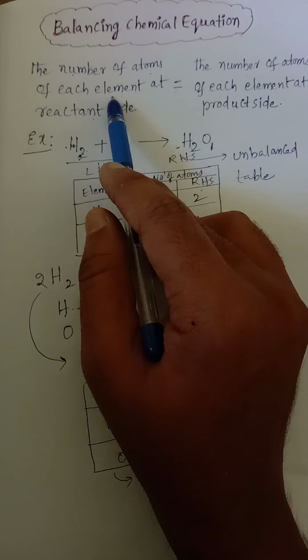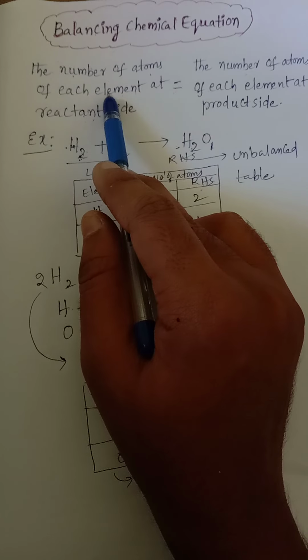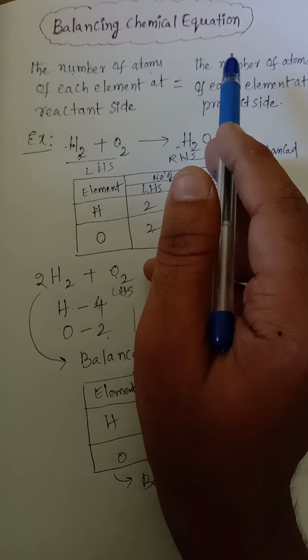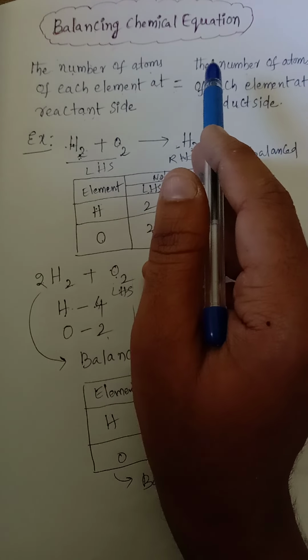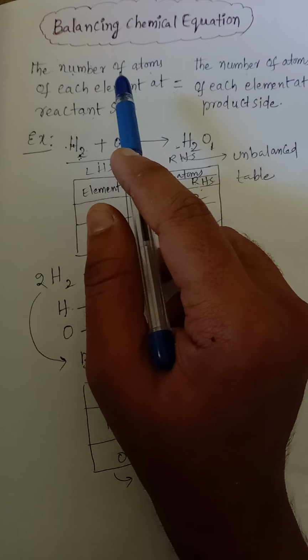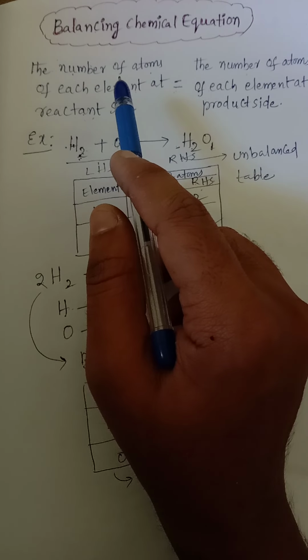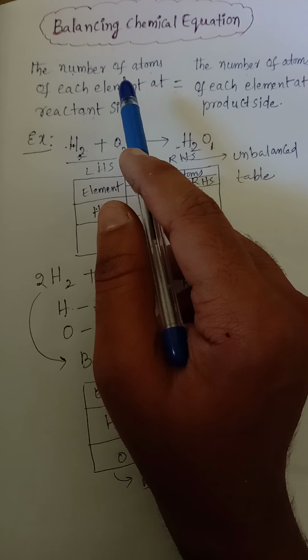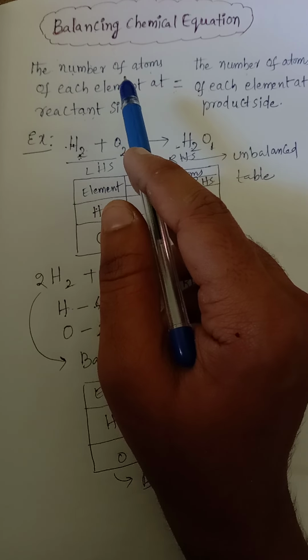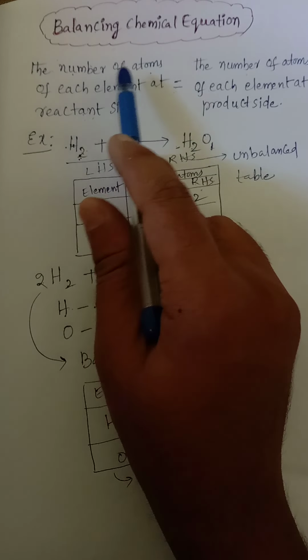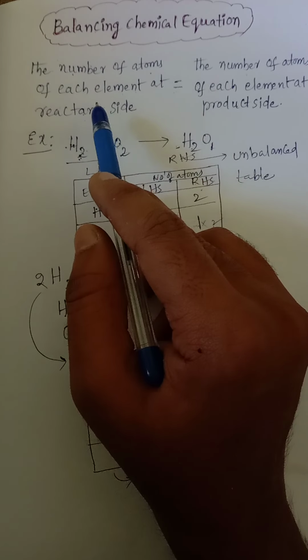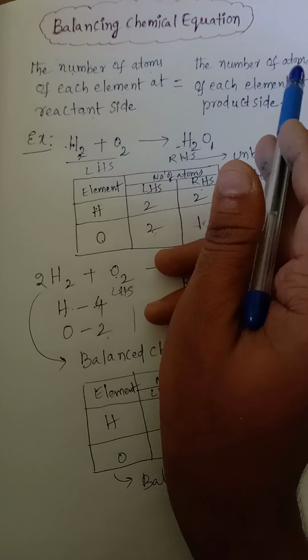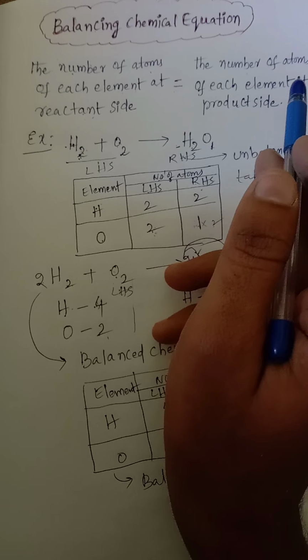If the number of atoms is not equal, if the atoms on the reactant side are not equal to the product side, we call such an equation unbalanced. If they are not the same, what should we do? We need to balance it. If you balance the chemical equation, then the number of atoms of each element at the reactant side is equal to the number of atoms of each element at the product side.